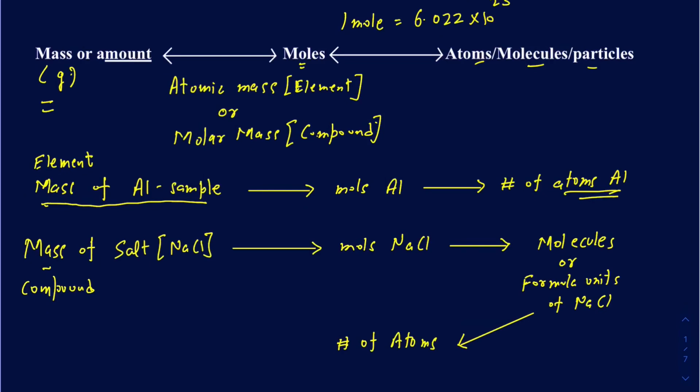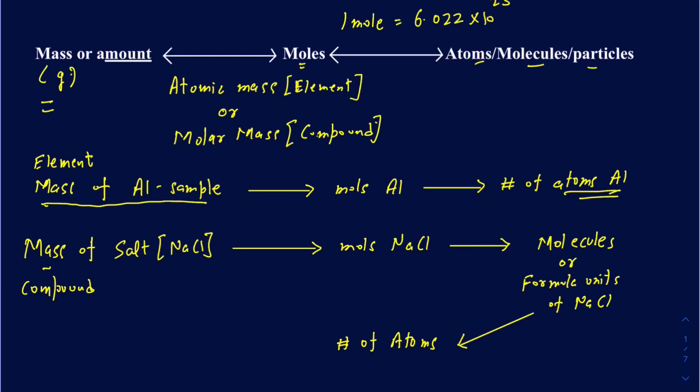I'll have some more examples down there so you know what the difference is. But keep in mind, if you're starting out with an element, you can directly get the number of atoms after finding the moles. And if you're starting with a compound, you will first get the number of molecules or formula units of that compound before you can get to the atoms. So that's an extra step in there.